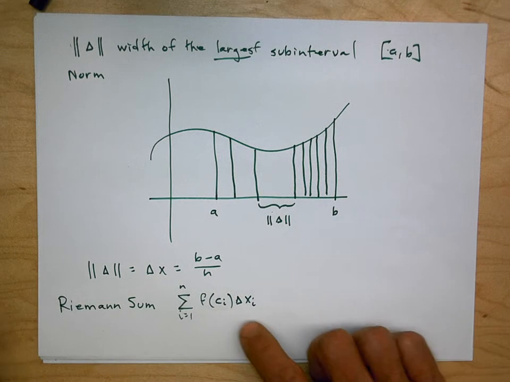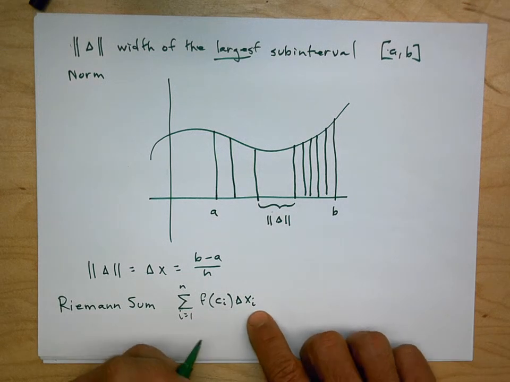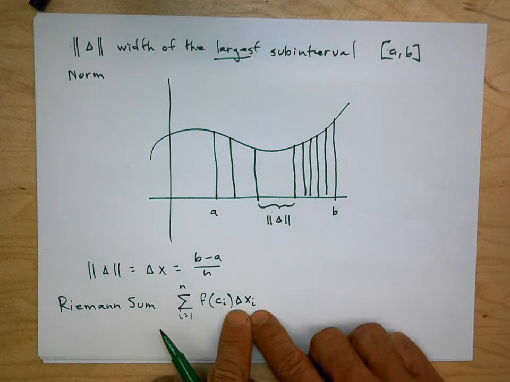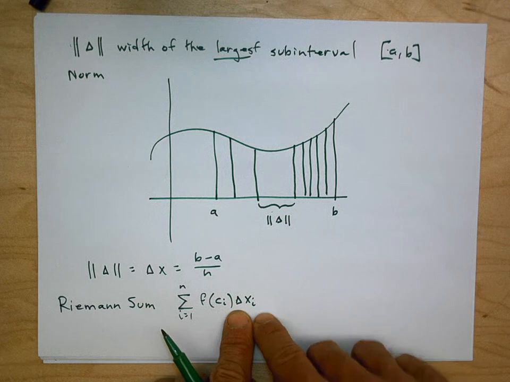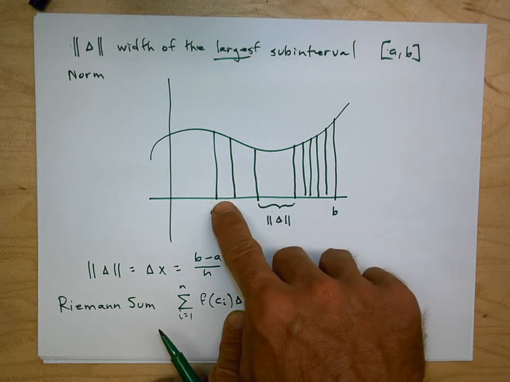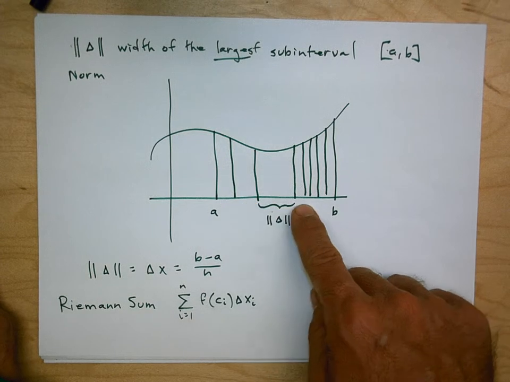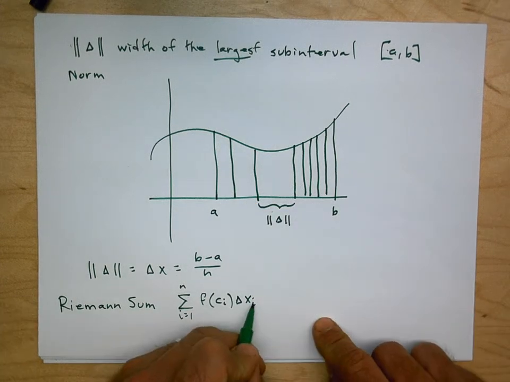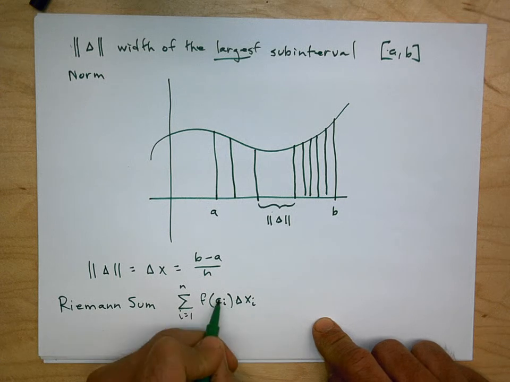Here, notice it's not just a delta x, it's a delta x sub i. The reason for that is the width of the ith rectangle could be different from the others: the width of the first rectangle could be different than the second, or the third, or the fourth, and so on. So the widths also have this little index i, because they're not going to be the same everywhere, just like the heights are not going to be the same.